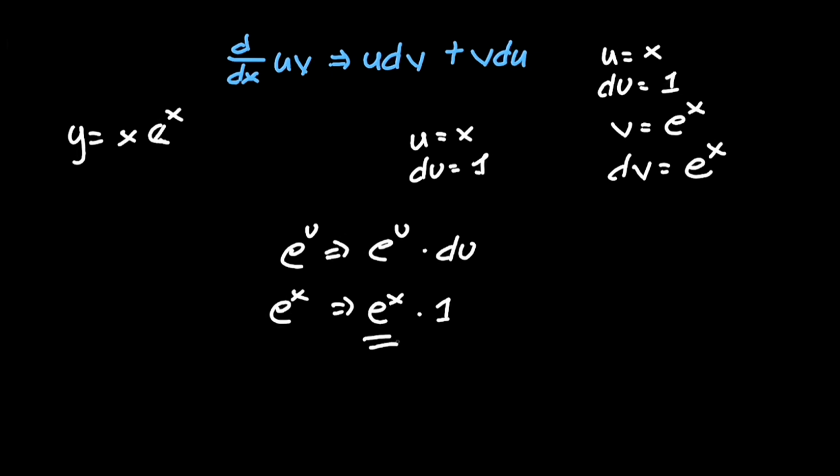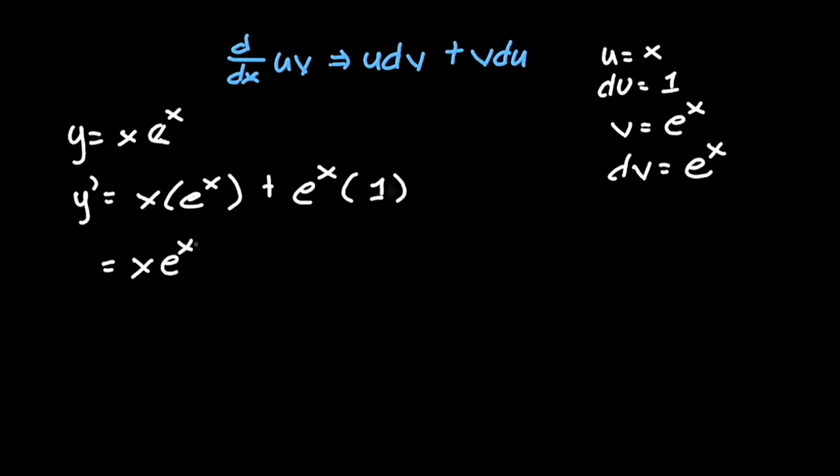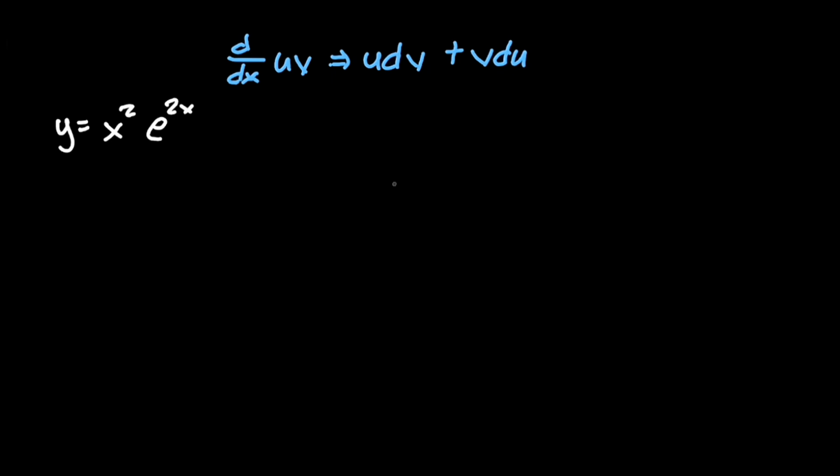So it's basically the same. So y prime now here would be x multiplied by e raised to the power of x plus e raised to the power of x multiplied by 1. Final answer would be x multiplied by e raised to the power of x plus e raised to the power of x.